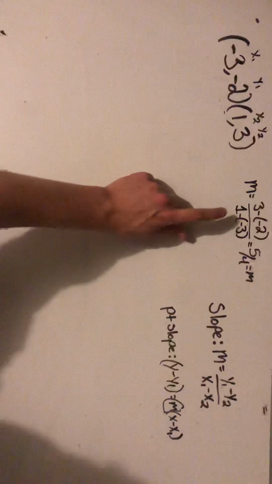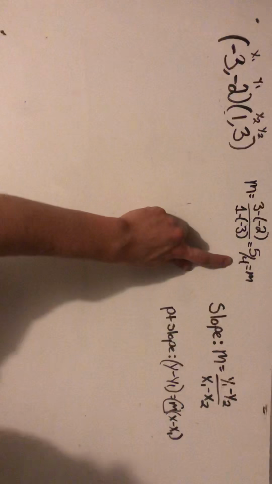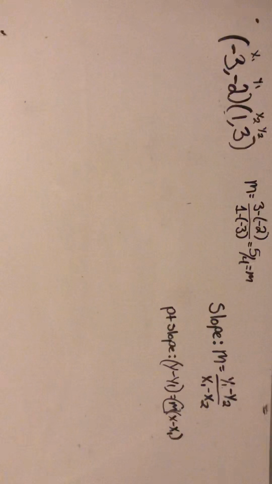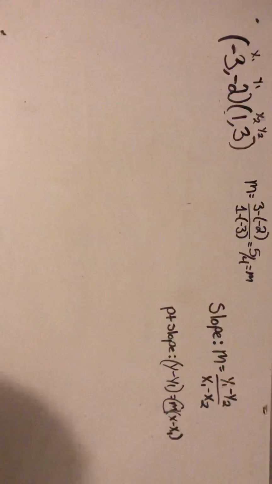And then I also went ahead and found the slope, which is 5 divided by 4 once you do the math. That is the first step, or the hint. So now that I have the first step done, we're going to be doing the point slope formula and implementing the slope into that.